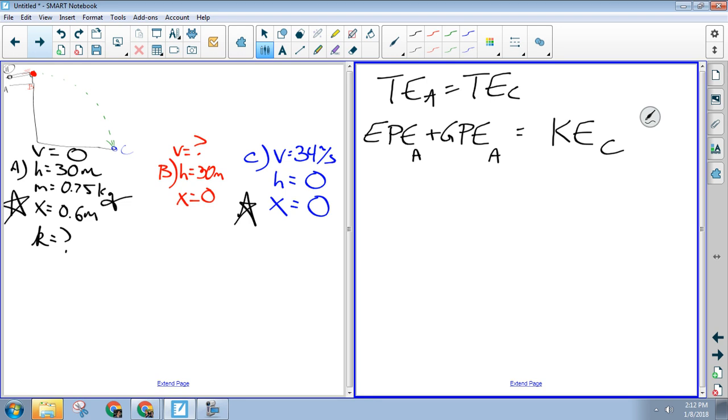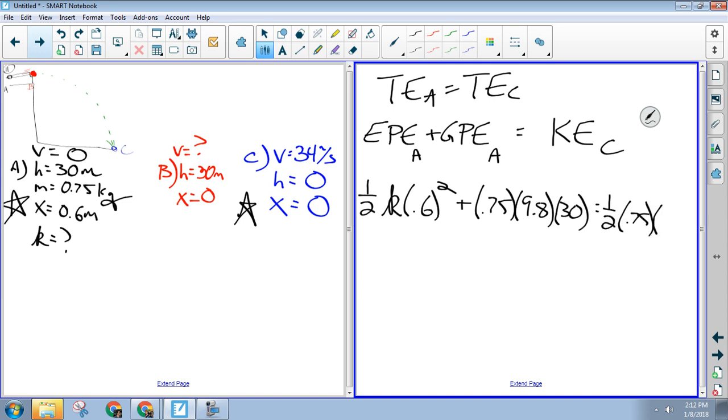Are we good? Okay, so let's see. We get 1/2 times K, which I don't know, times x, which is 0.6. Don't forget to square it. Plus the mass of the rock times 9.8 times the height equals 1/2 the mass times the velocity squared.